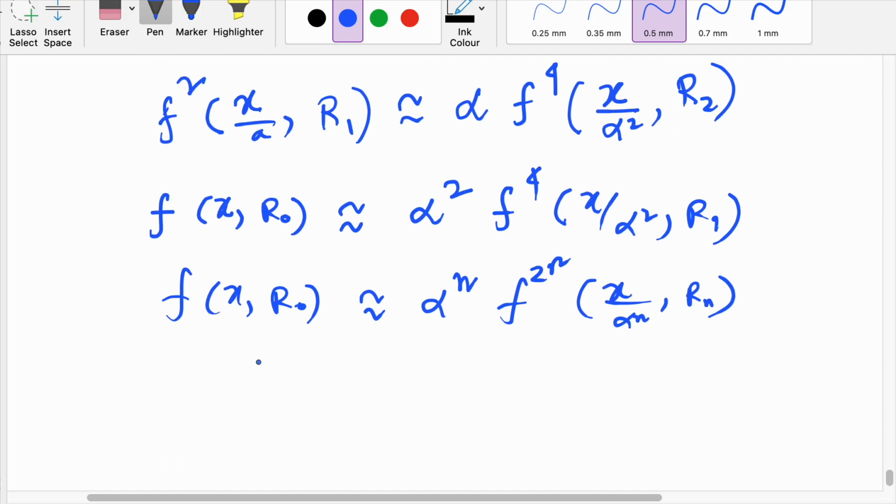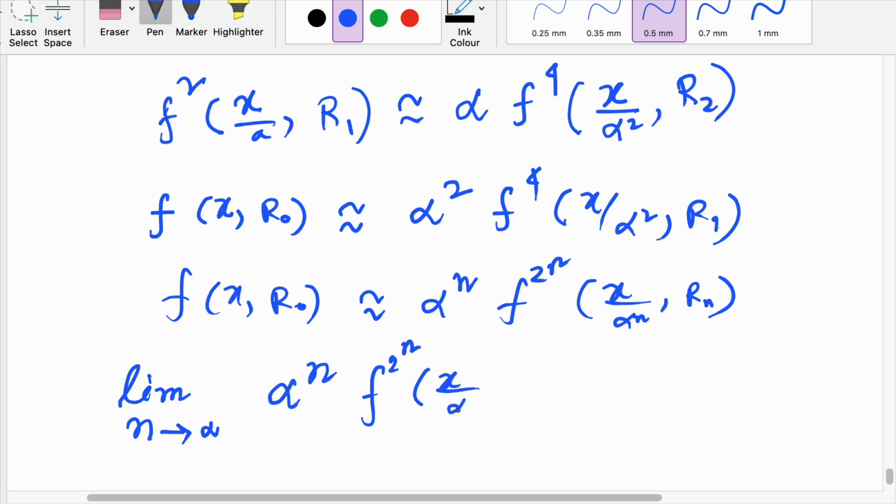Now in the limit n tends to infinity, this function f 2 to the power n, x by alpha n comma rn, will be a function called g0x.